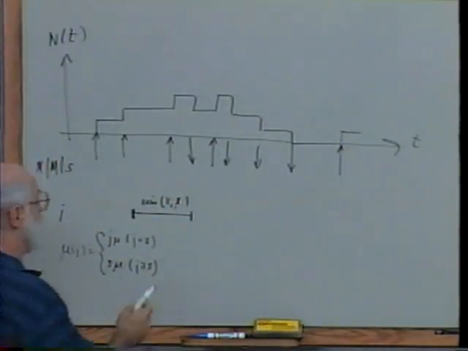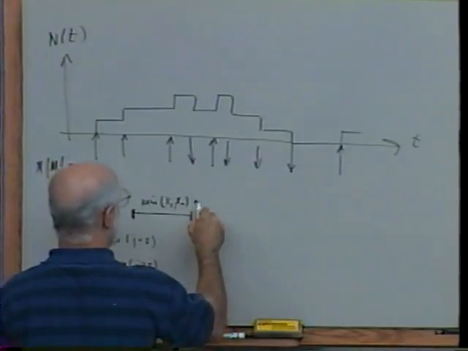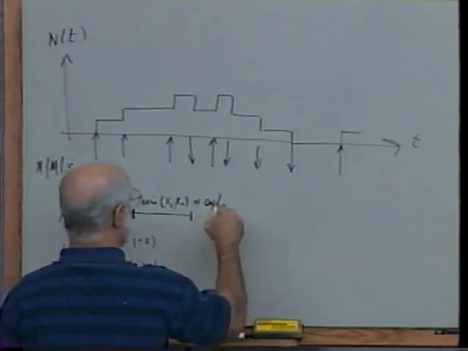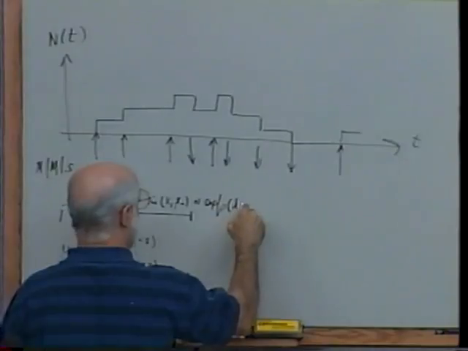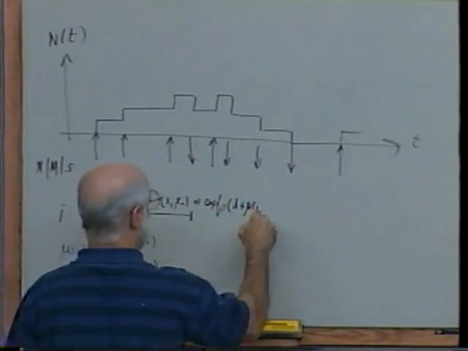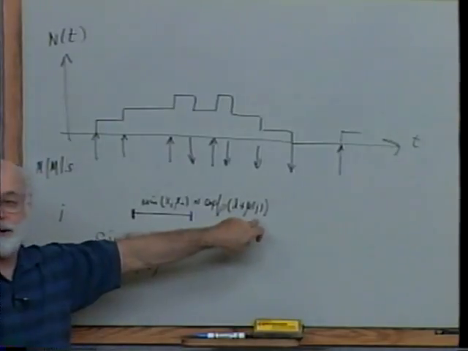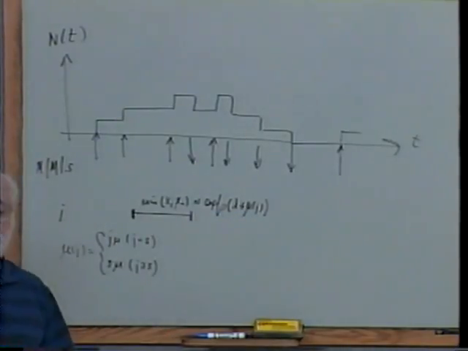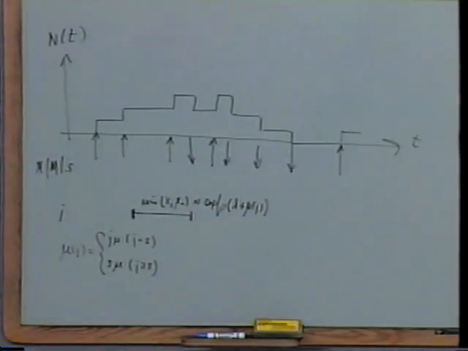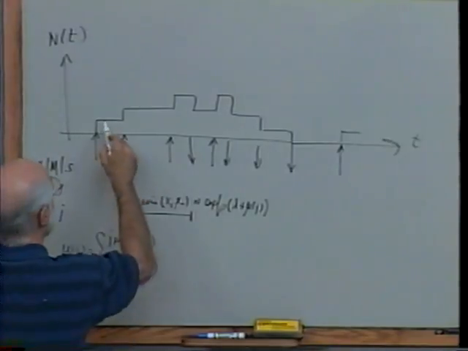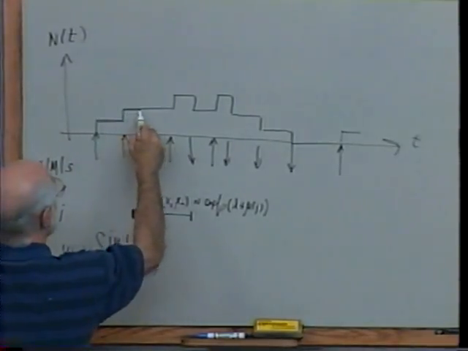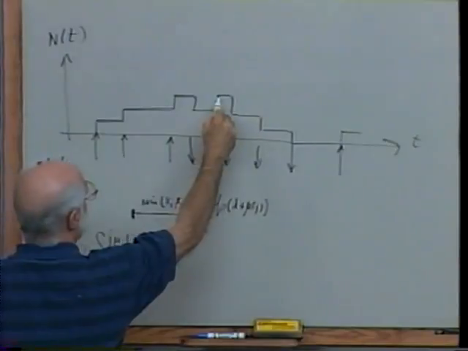So in other words, this thing is distributed as an exponential, and its rate is lambda plus mu of J, the sum of the arrival rate and the departure rate. Okay, so each of these intervals then is exponentially distributed.